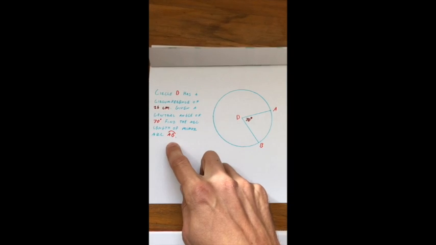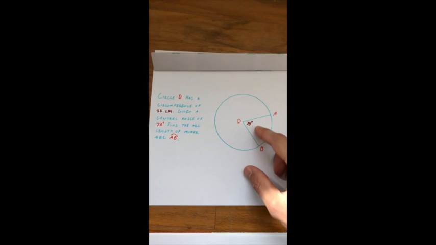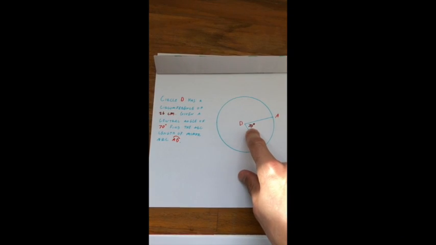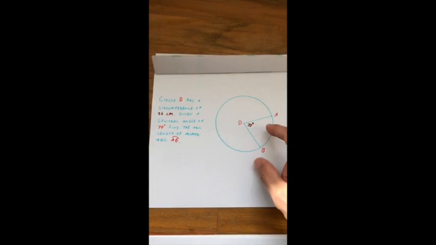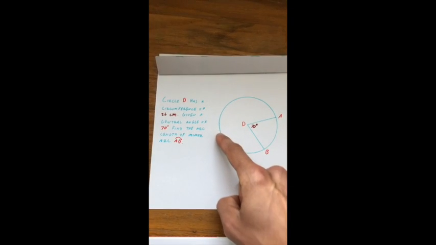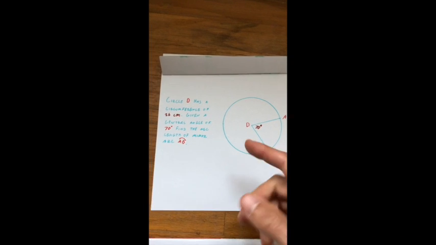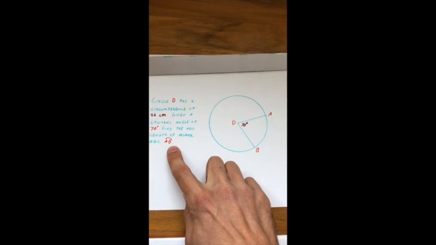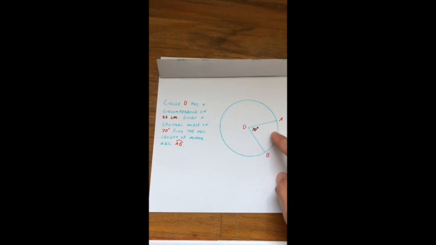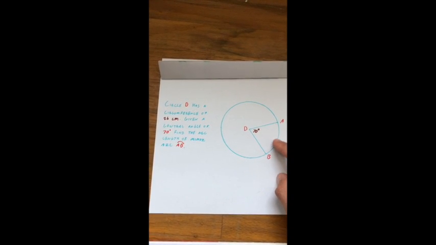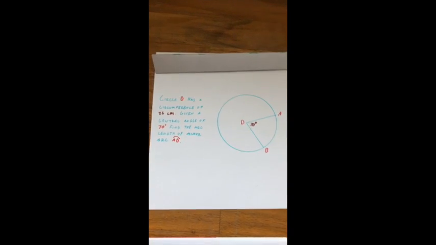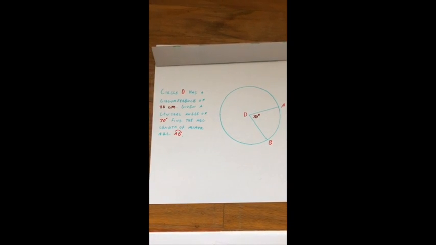Now, minor arc is just another way of saying an arc with a central angle of less than 180 degrees, as opposed to a major arc, which would be an arc with a central angle greater than 180 degrees. So it's a way you can talk about any arc with just 2 points. So minor arc AB, major arc AB. This is a little vocab for us.